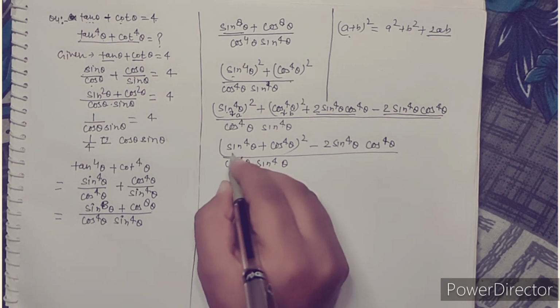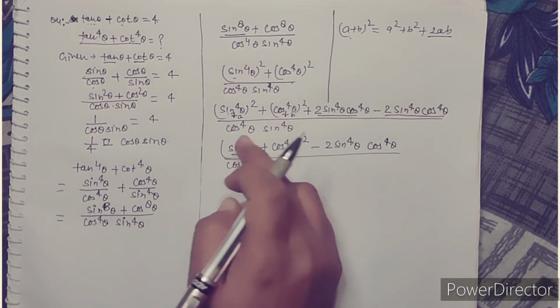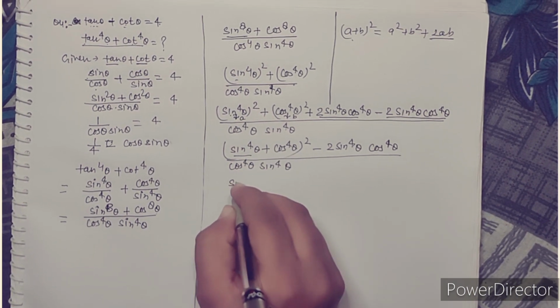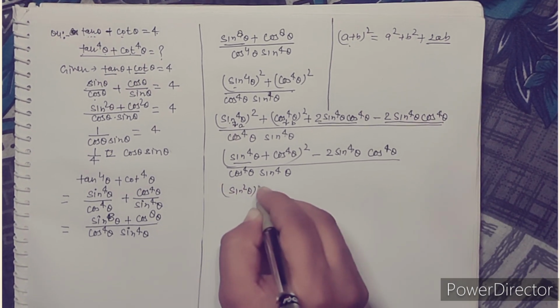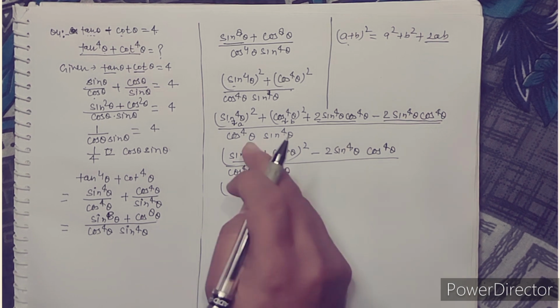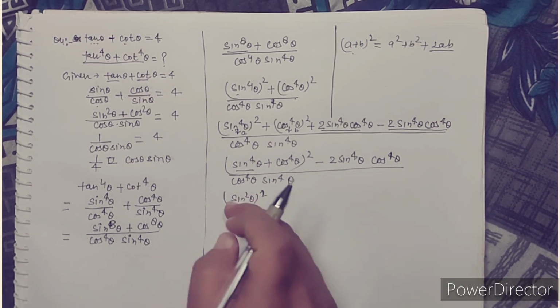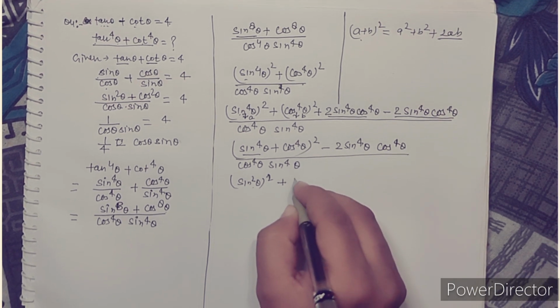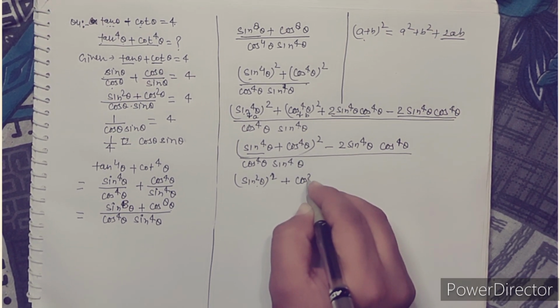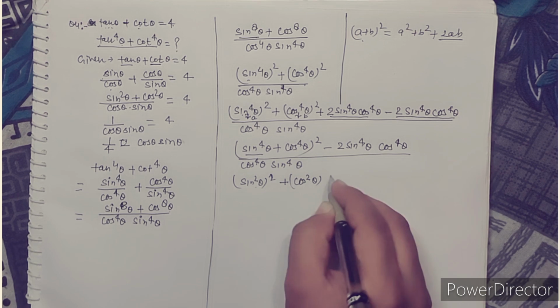We can also write sin^4 θ in this form, (sin² θ) whole square, and cos^4 θ may be converted in this form, (cos² θ) whole square.